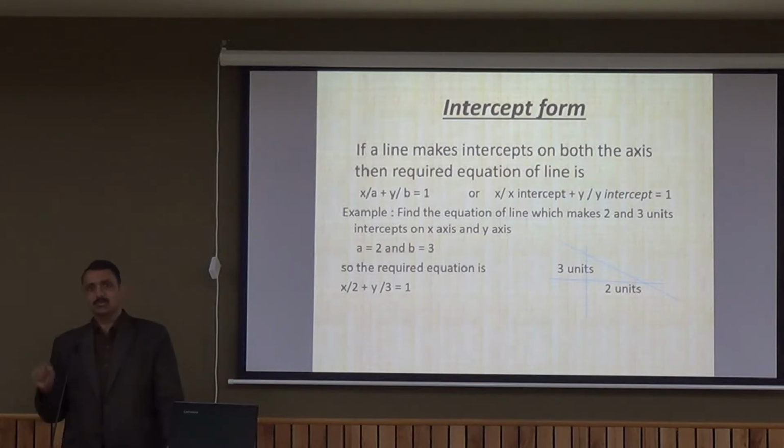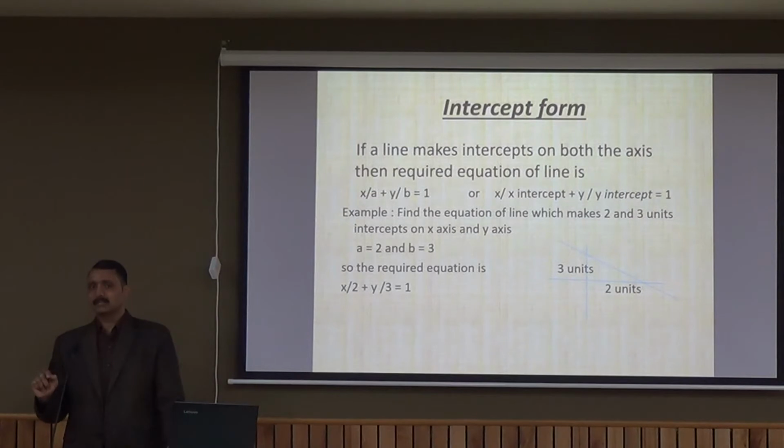Otherwise, we can do the same question by another method also. We have the intercepts made by the line on the x-axis as well as the y-axis. The line makes intercept 2 on the x-axis, so the line is passing through the point (2, 0).